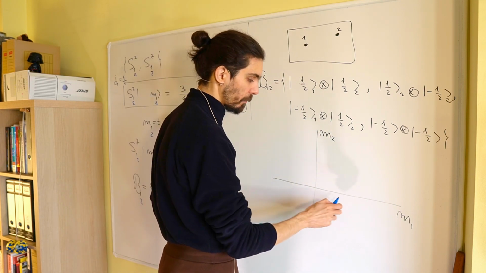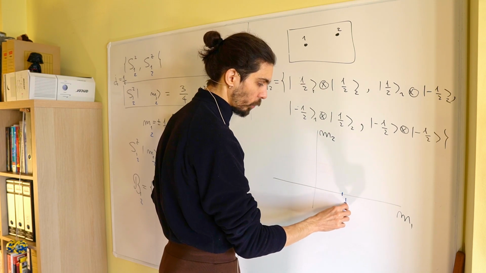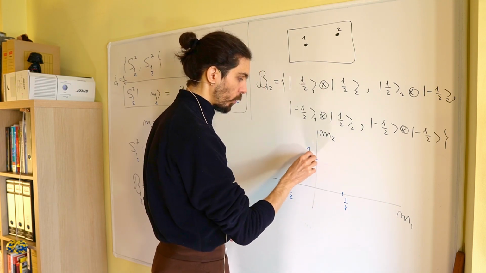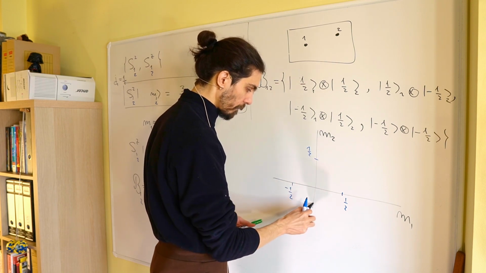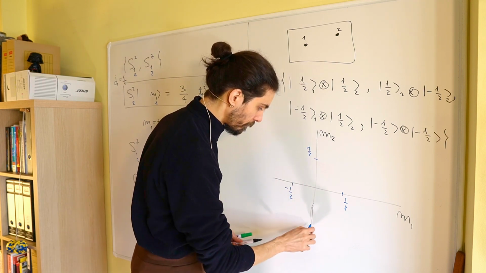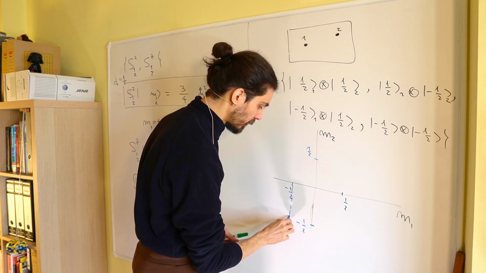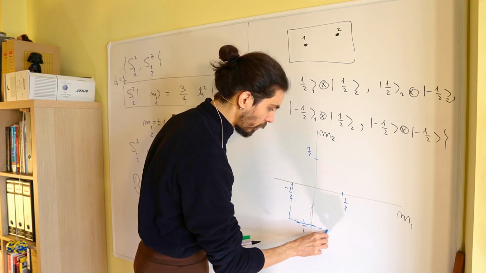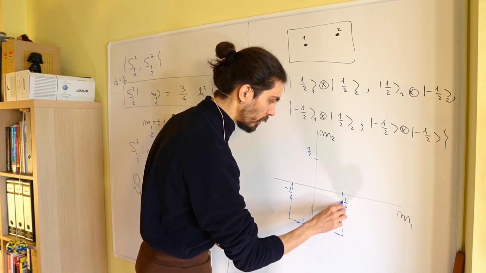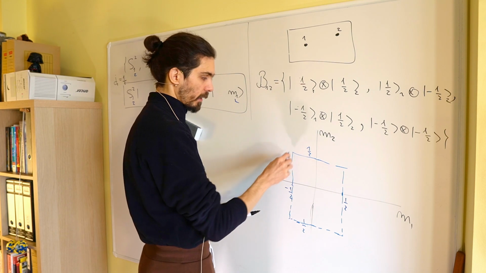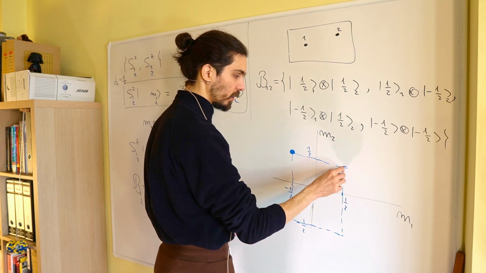Well, it's 1/2, plus or minus 1/2. So 1/2, minus 1/2, 1/2, and here minus 1/2. Let's just extend this, makes almost a cube. Here, and here, and here. And now you have these corners of the square.